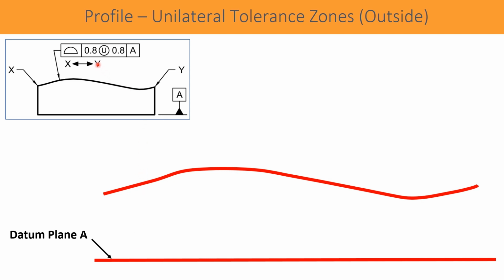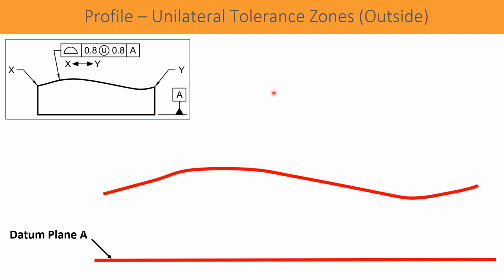Now in the last case, what we understood is that after the modifier unequally disposed, it was a 0. So the positive side tolerance was 0. Now here the total tolerance given is 0.8, and the unequally disposed symbol after 0.8 is given.